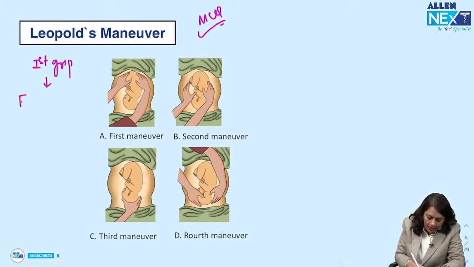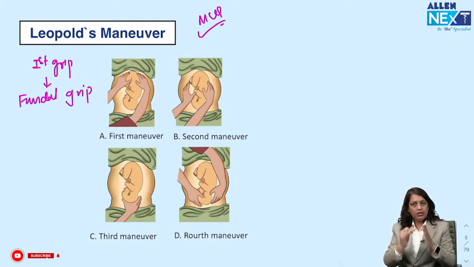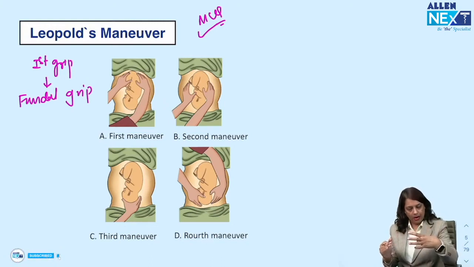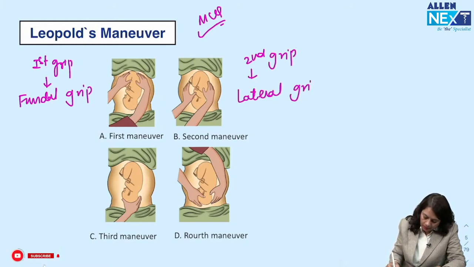The first grip is called the fundal grip, where you check soft fetal parts which are non-ballotable, suggestive of breech, or a hard globular part suggestive of head. The second grip is called the lateral grip.